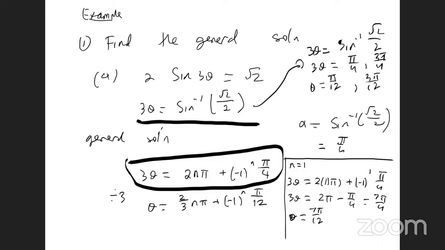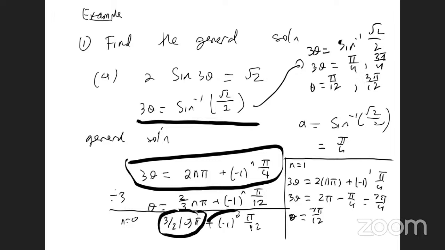Also, when n is 0, I left out that one. When n is 0, you will get 3 on 2 by 0 pi plus minus 1 to the 0 pi on 12. This is 0, and then to the power 0 is 1, so you'll get your first solution, pi on 12. That's okay?